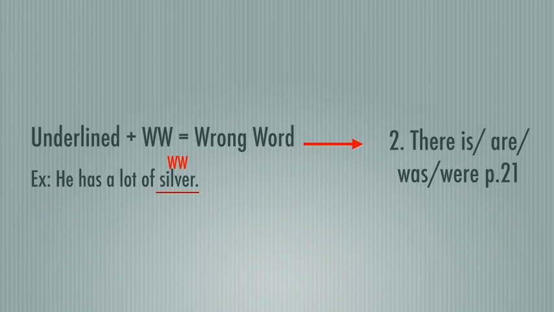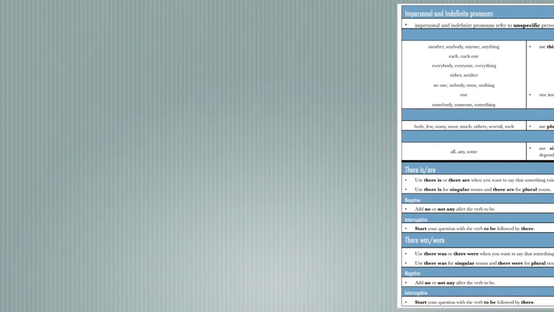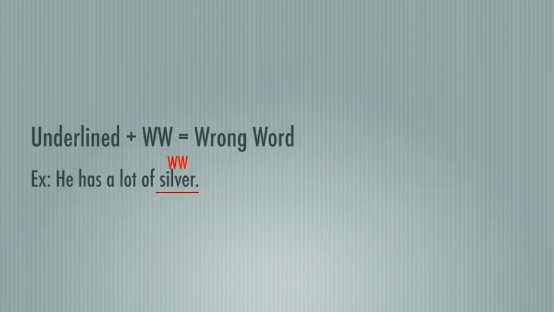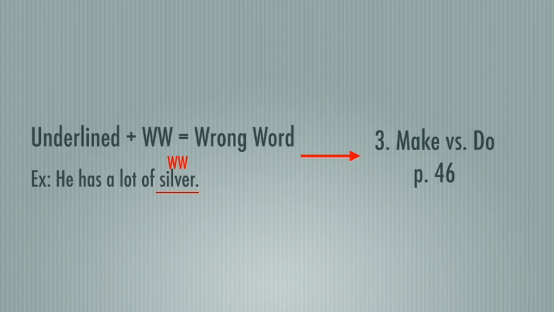Okay, so in that context, you can check your page 21, but more precisely at the bottom of page 21, you have how to use there is, there are, there was, there were, and that could be a solution. So underline plus W, you can also, you made a mistake between make and do.